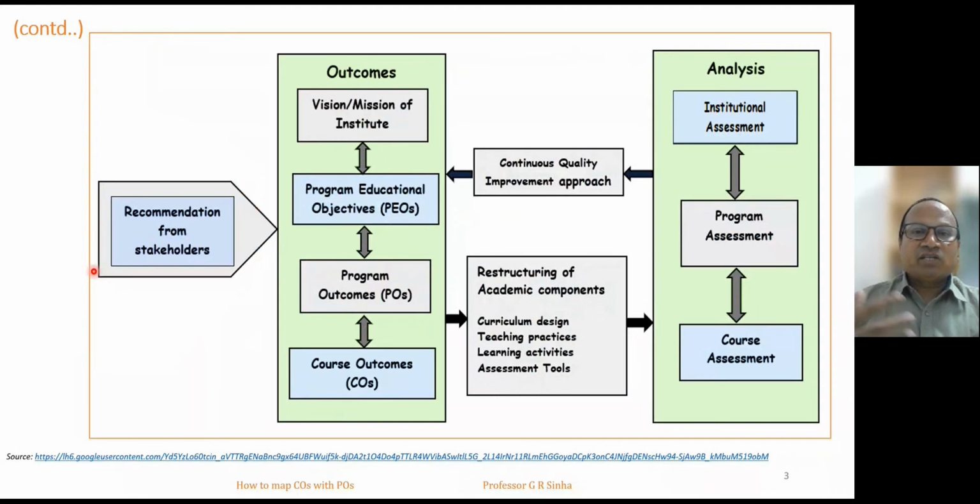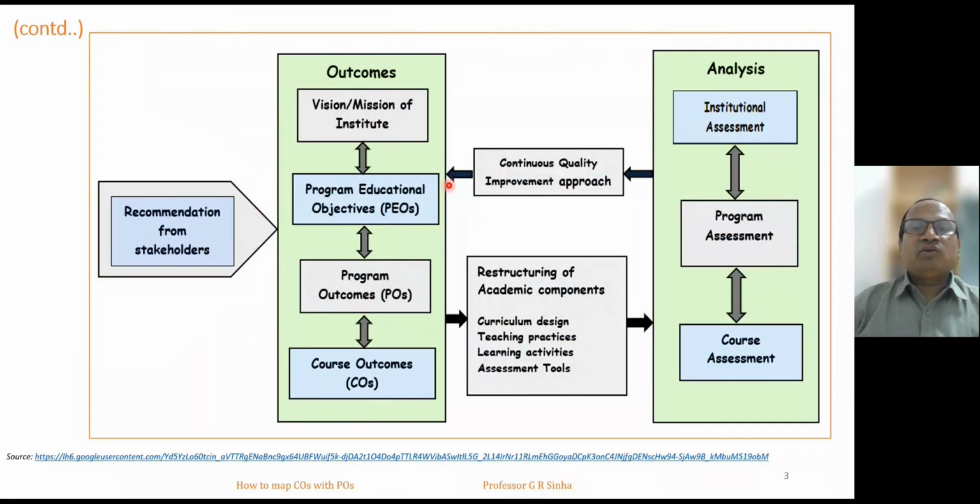What do they want from the graduates at the end of a program? The alumni, what do they feel? If they feel there is a need for improvement in the curriculum. The employers' feedback, the industries, what is their requirement, what is the current requirement in the students. All those things are taken into consideration.